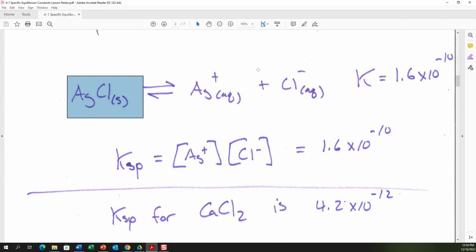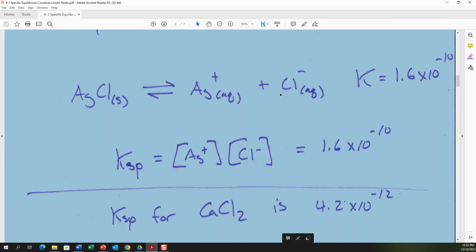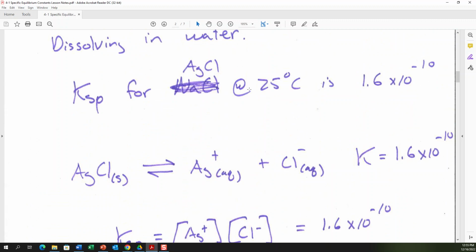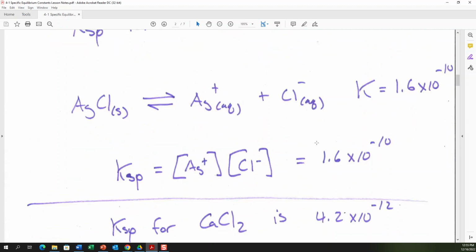It's just going to be this ion times that ion, but every once in a while, the ions will have a coefficient other than 1, so you have to remember to square it or cube it. But in this case, since that subscript is 1 and that subscript is 1, the Ksp expression would be equal to the concentration of silver times the concentration of chloride. And because we were told what the Ksp value was, we know that expression is equal to that number.